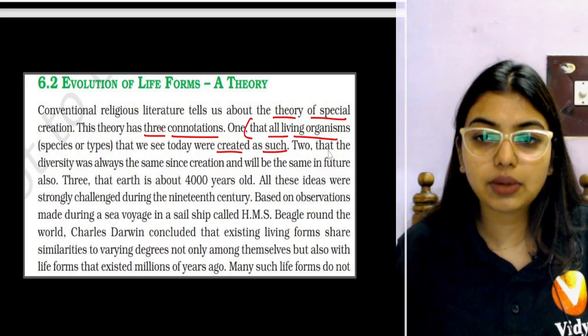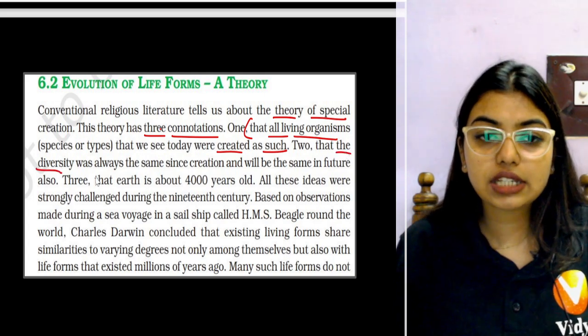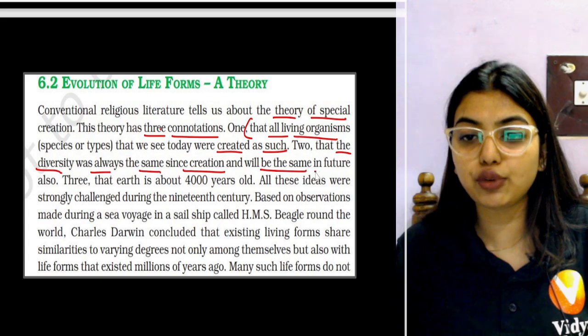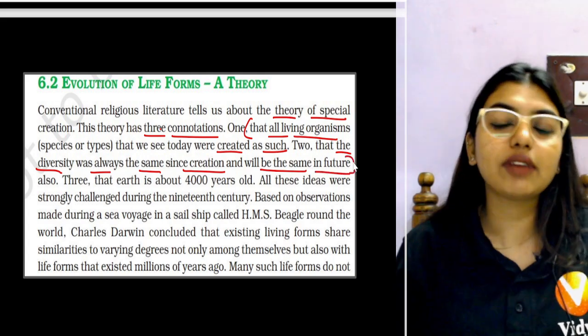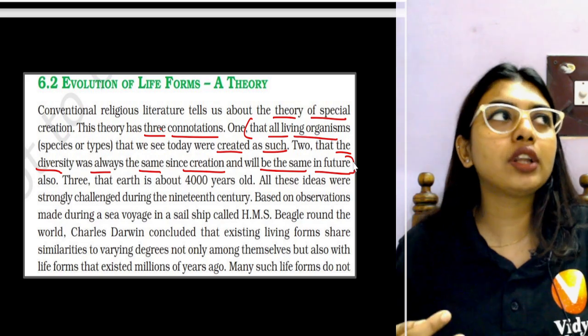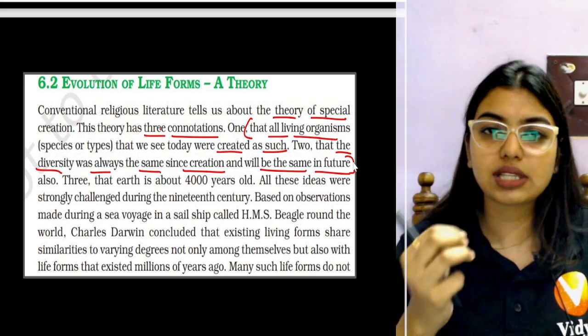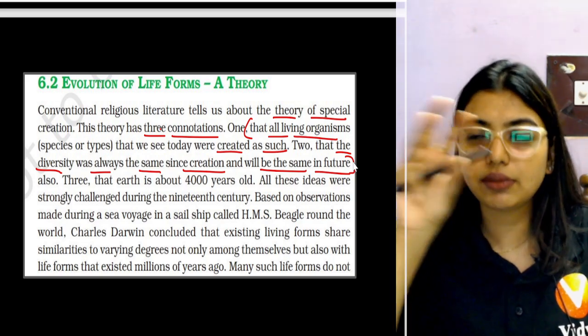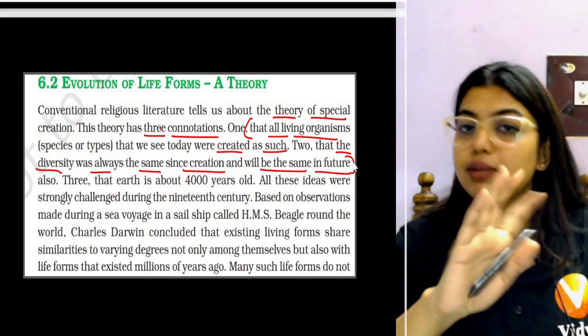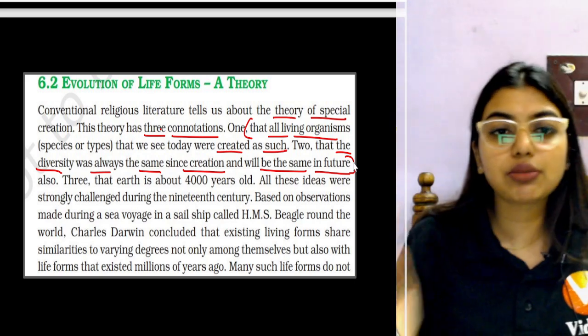Second, the diversity was always the same since creation and will be the same in future. So there is no change in diversity. There could not be extinction of anything, or a breaking of the ecosystem or food chain, where one organism is missing and that changes the food system. All that is not there. It was always the same.